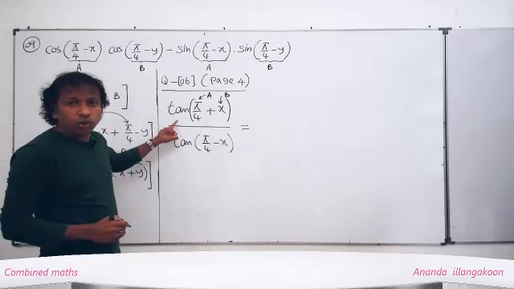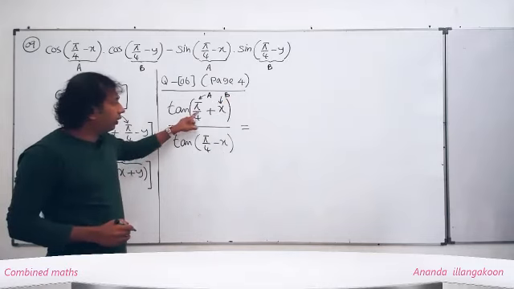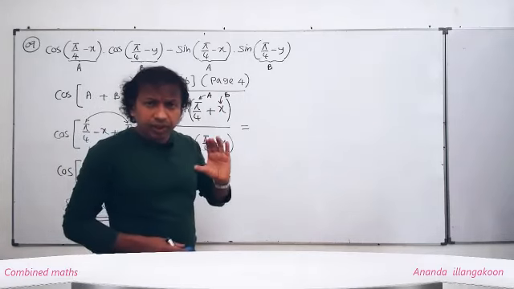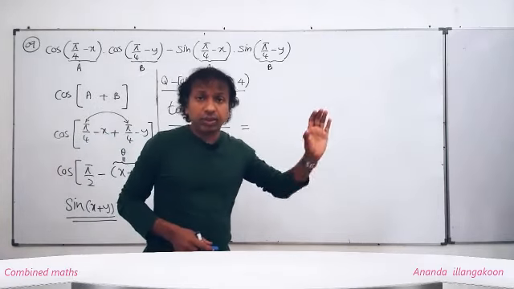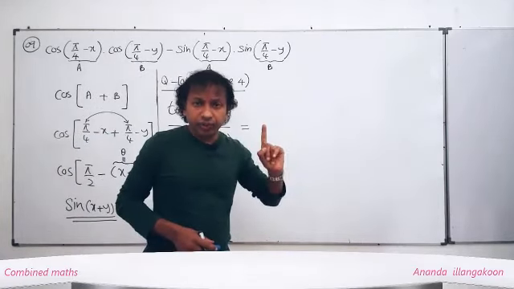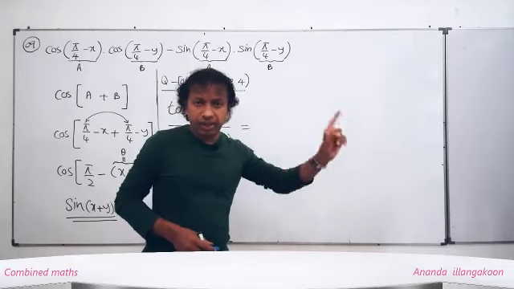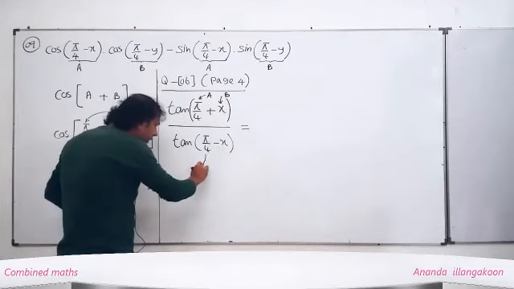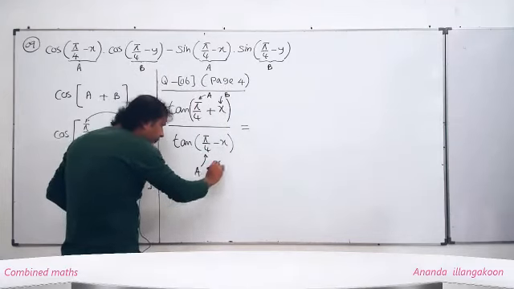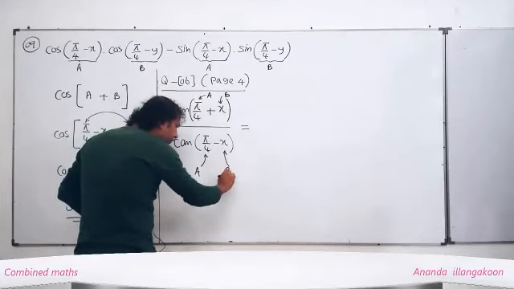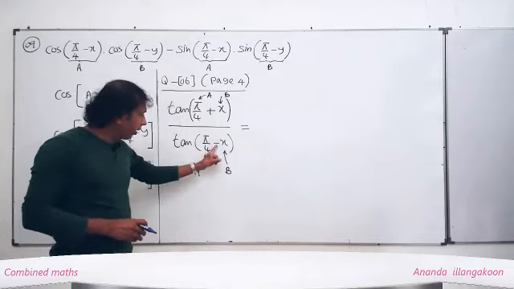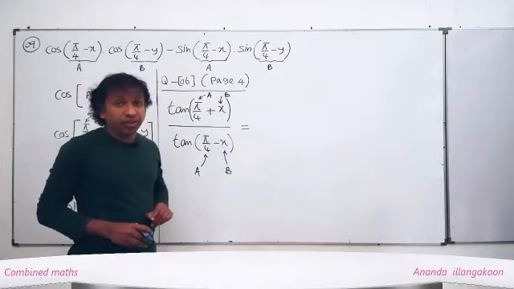Then what do we have at the numerator? Tan A plus B. What is the expansion of tan A plus B? Tan A plus tan B divided by 1 minus tan A tan B. Understand? That way you can expand. Denominator, people, take this as your A, this as your B. Tan A minus B. What is the expansion of tan A minus B?